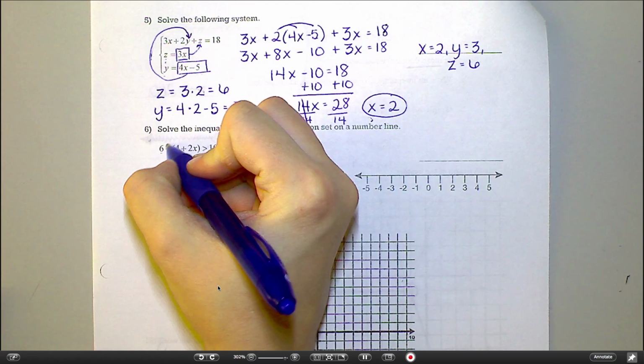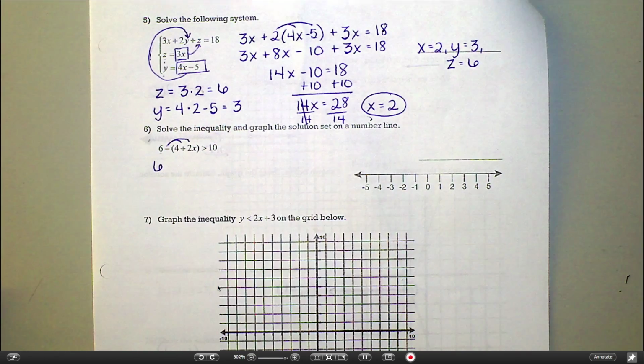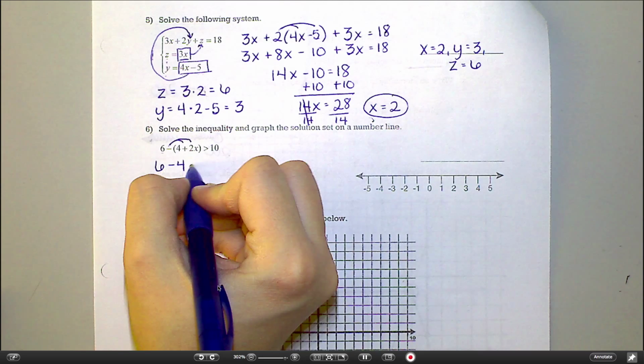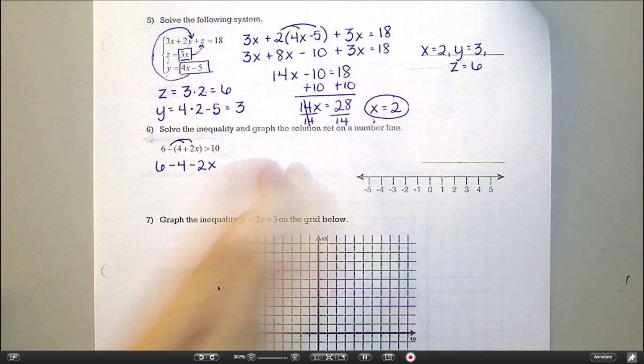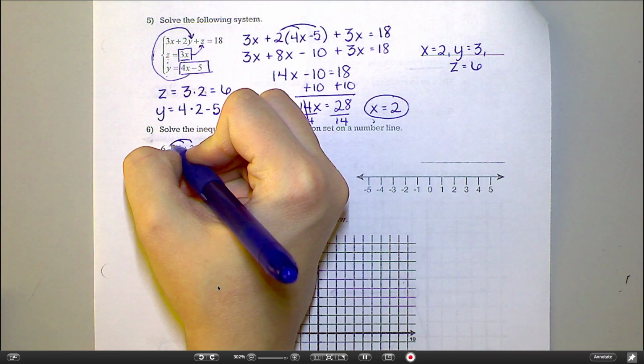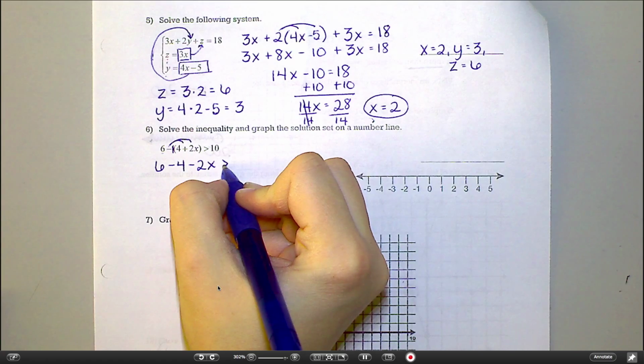So this negative sign is going to get distributed. The 6 gets left alone. So I have a 6, I have a negative 4, and I have a negative 2x. So notice none of that stuff is getting multiplied together. What I really did was multiply everything through by a negative 1. Okay, but the 6 did not play into that at all. And that's a mistake that I see a lot.